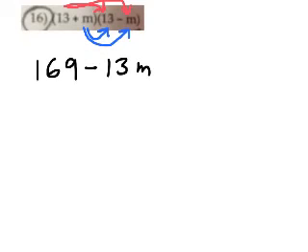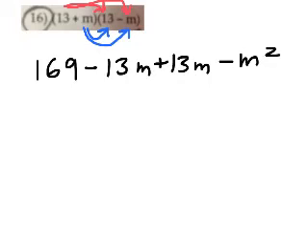Doing one at a time. 13 times 13, I think, is 169. 13 times a negative m would be a negative 13m. M times 13 is a positive 13m. M times a negative m is a negative m to the second power, or m squared.